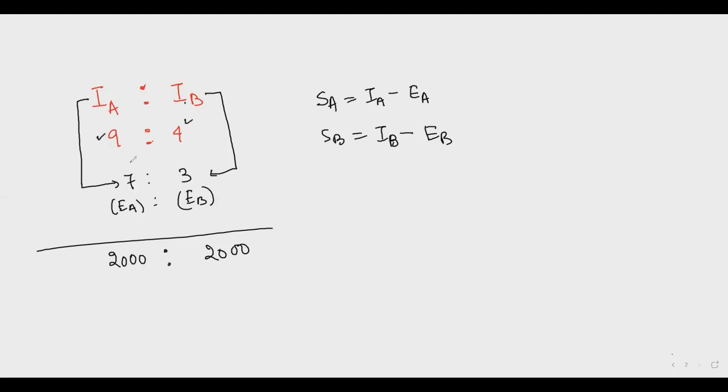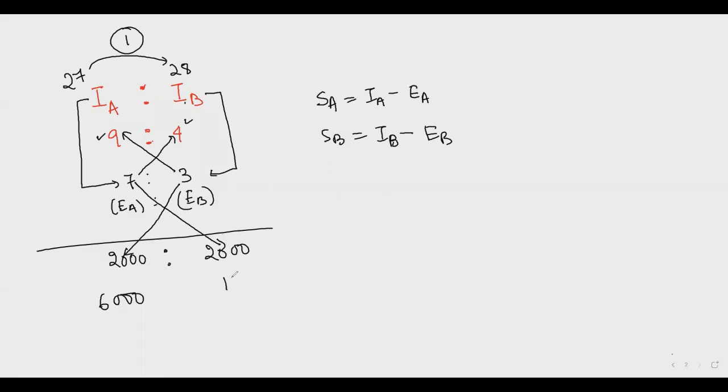Now just cross multiply it here: 9 times 3 is 27, and 4 times 7 is 28. What is the difference? 1 unit.